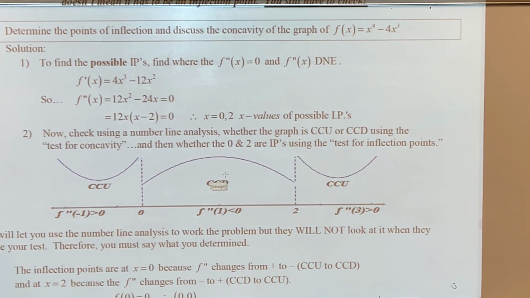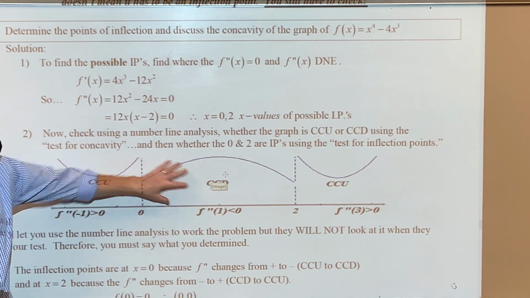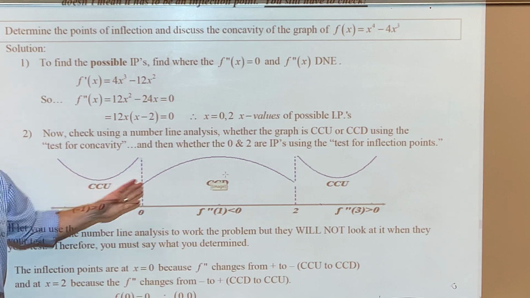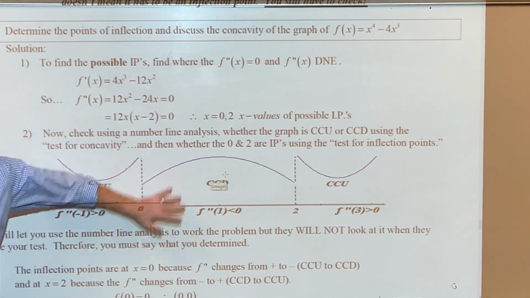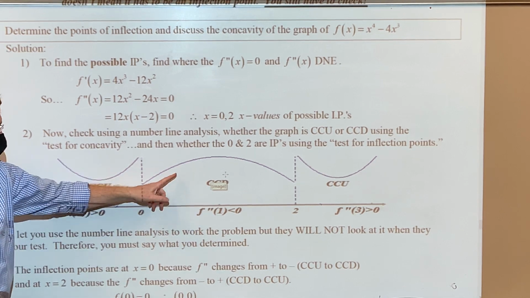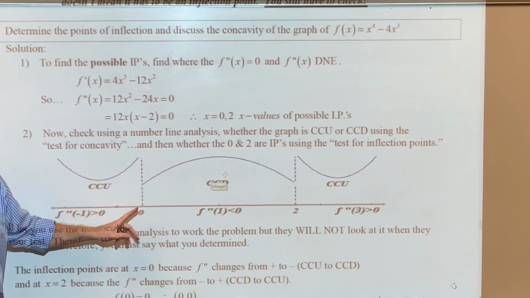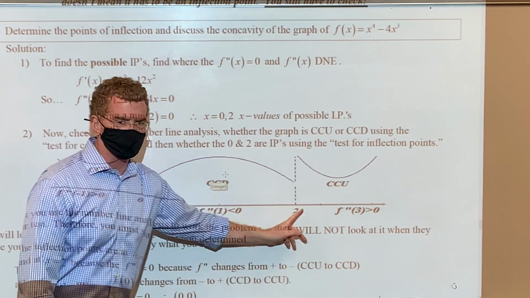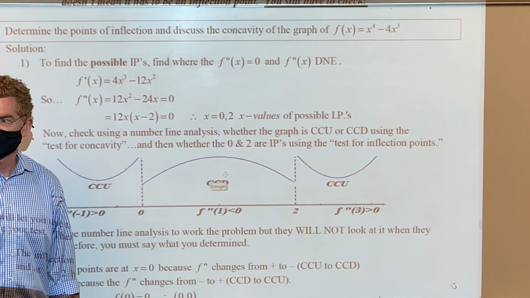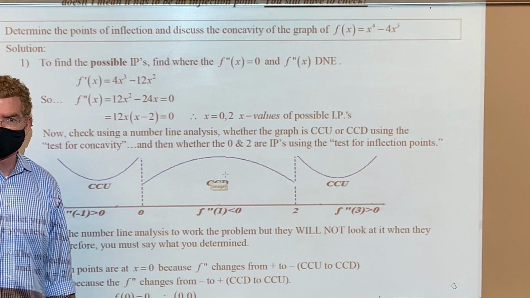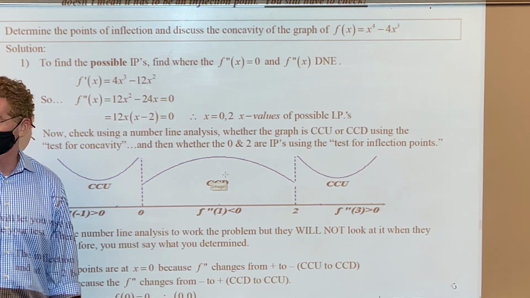And if somebody ever asks you, hey, justify your answer, you can't go, no, look, right here, look at this wonderful chart. You can see that the concavity changes, so it must be, they're not going to look at this. So if I say justify your answer, why do you know there's an inflection point at 0, 0 and at 2, negative 16? Why do you know? Because the second derivative of f changes signs.